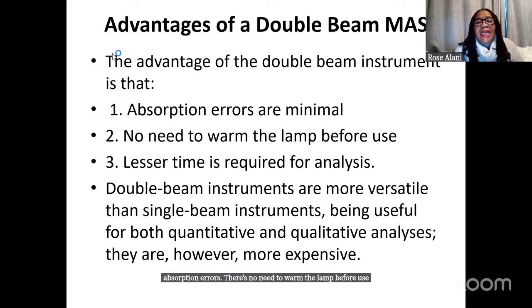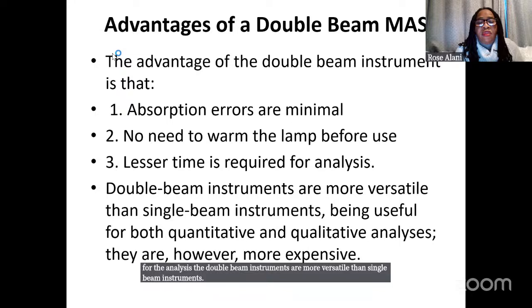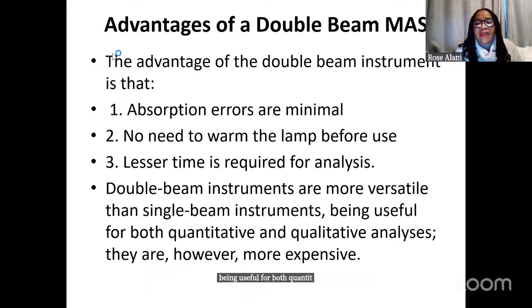It uses less time for the analysis. The double beam instruments are more versatile than single beam instruments, being useful for both quantitative and qualitative analysis. And though they are so useful, they are, however, more expensive than the single beam instrument.